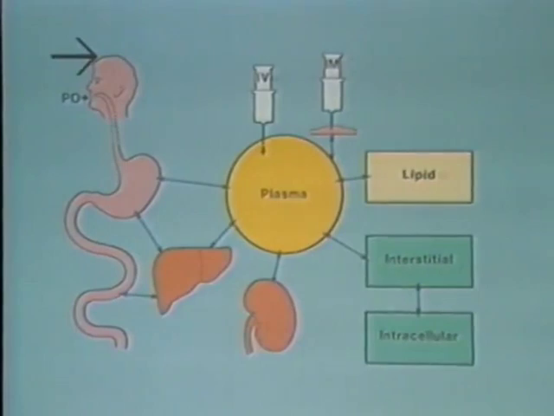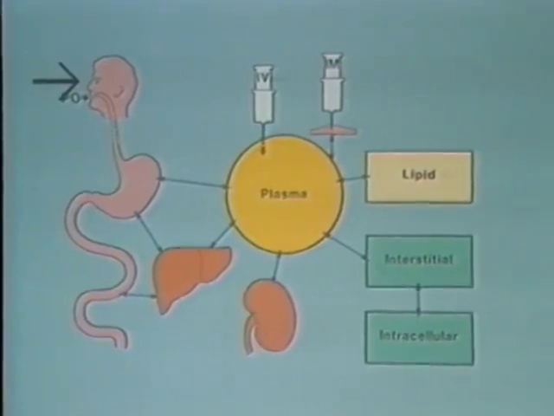Now here's a diagram of the pharmacokinetic model, and we've got a central plasma compartment which can be fed intravenously or from an intramuscular depot or by mouth, PO, per oris.